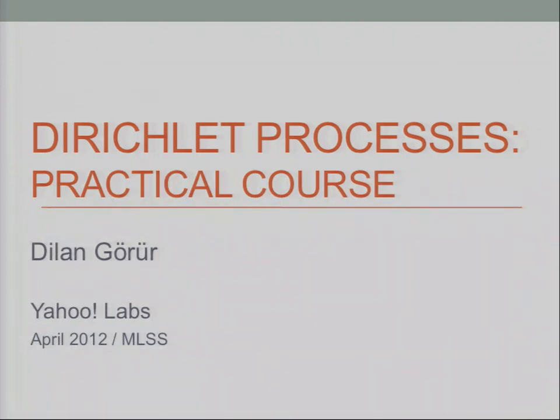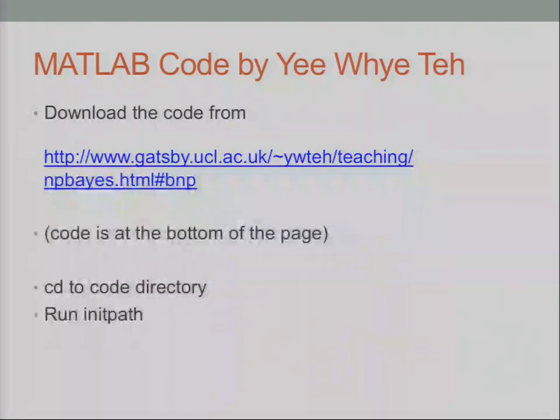OK. All right, so Peter did a very nice introduction to Bayesian nonparametrics and to Dirichlet processes, and this is going to be a semi-practical course about the Dirichlet processes. So I'm going to be using the code from Whye, which hopefully all of you by now have.